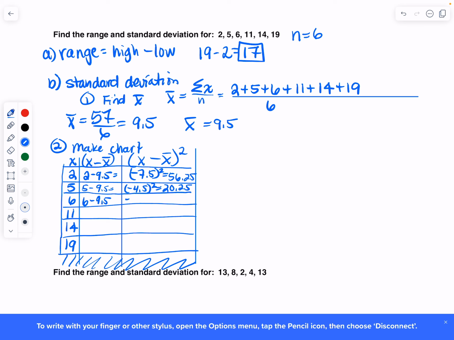6 minus 9.5. I get negative 3.5, and I'm going to square that. And I get 12.25. 11 minus 9.5 is 1.5, and I'm going to square that, and I get 2.25. 14 minus 9.5.